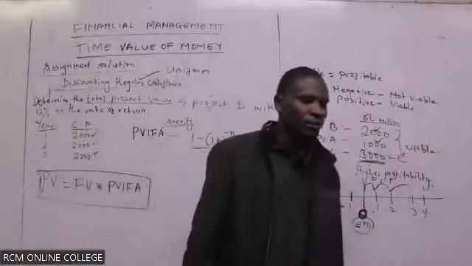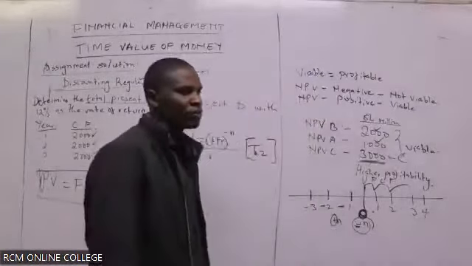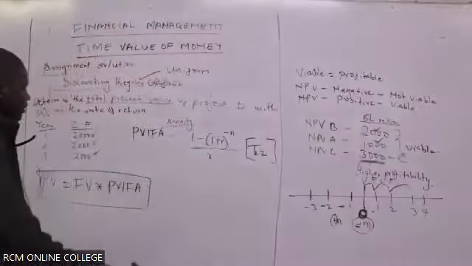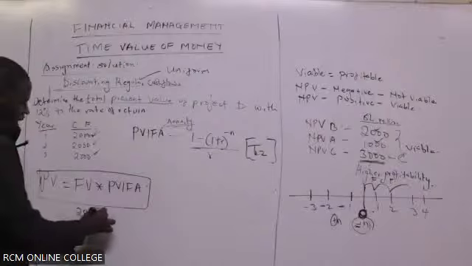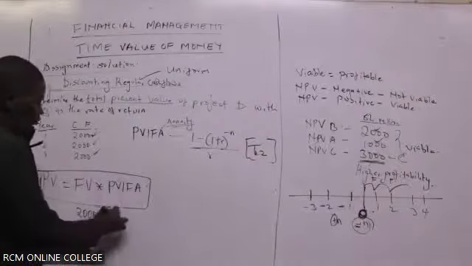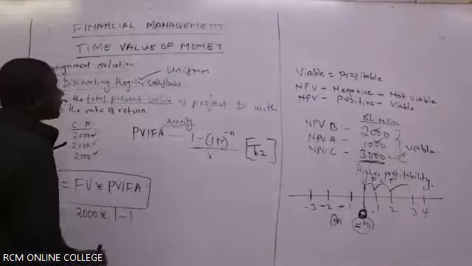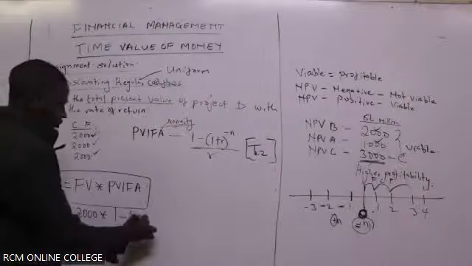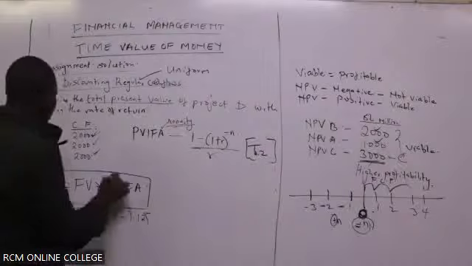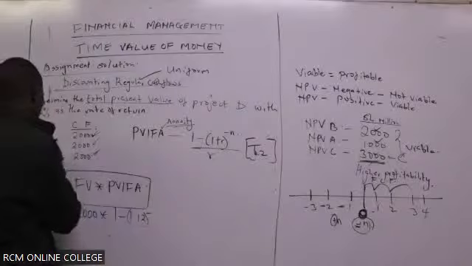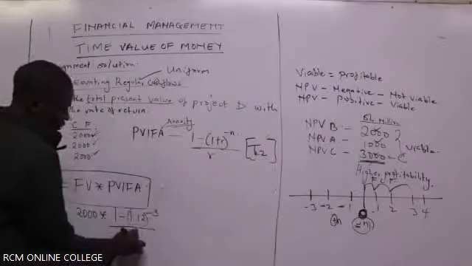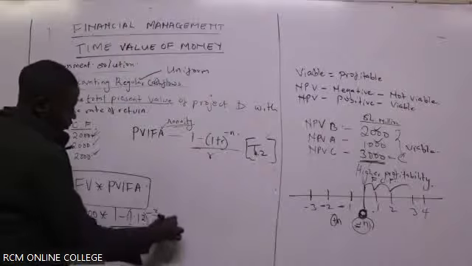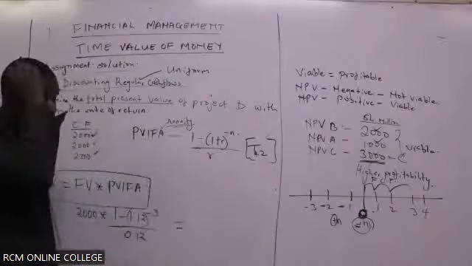See, it is 2000 times PVFA, which will be 1 minus 1.12 raised to power negative 3, the number of years, then this divided by 0.12. Whatever you get there will be the present value.